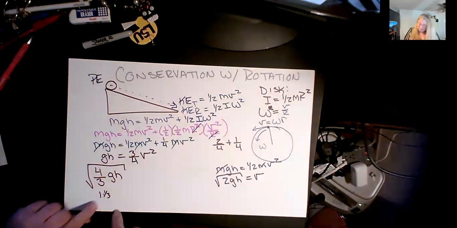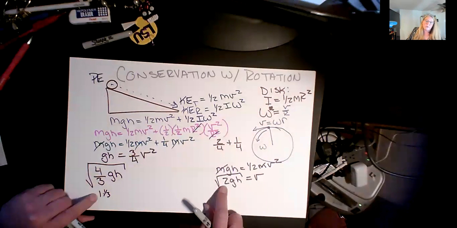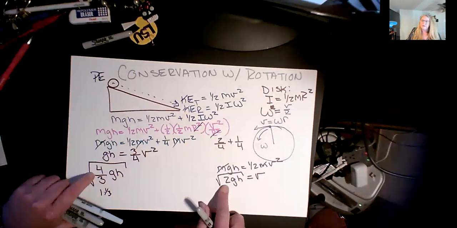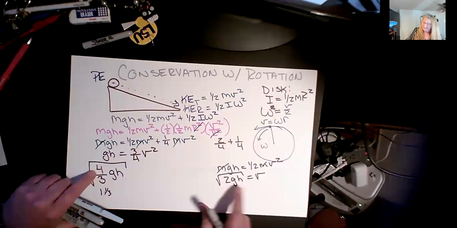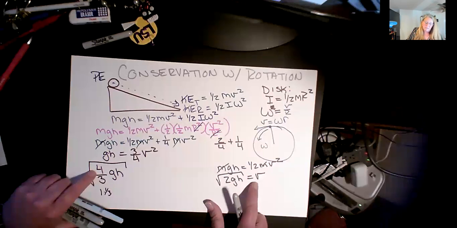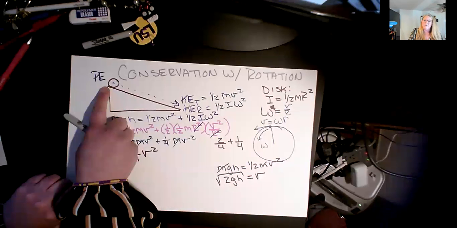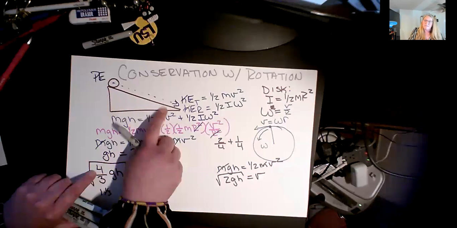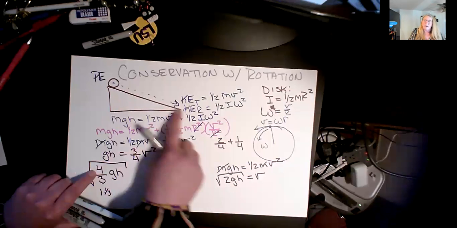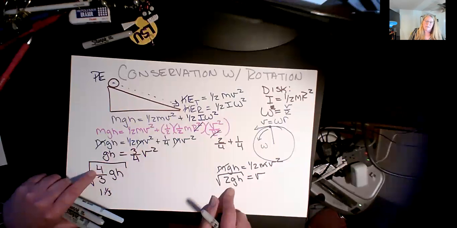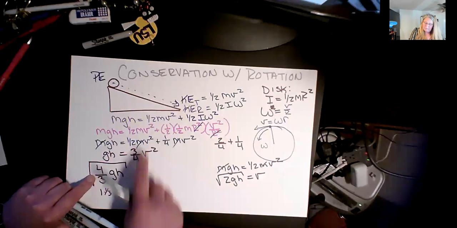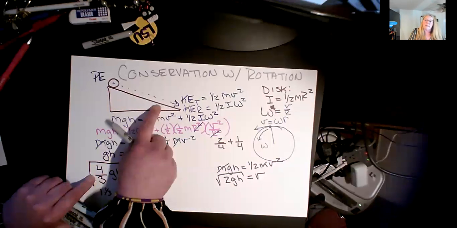So what you're seeing here, this difference between this 2 and this 4/3, is the fact that it takes energy to go into that rotation. So I can't get to the same amount of velocity when I'm rotating, just letting potential energy get me to the bottom. If something is just sliding down, so a box sliding down is going to have a higher velocity than, say, this disc that's rolling down.